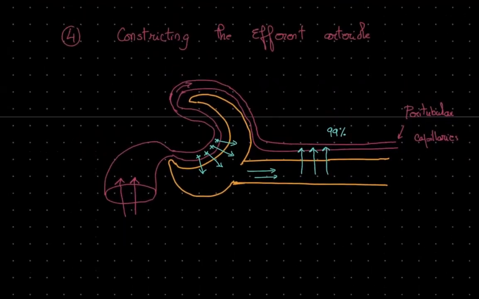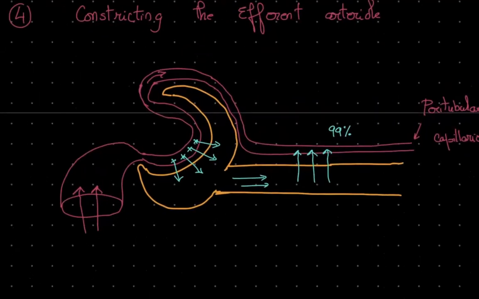All right, so this is what normally happens. So if I do have a low blood pressure, when I constrict the efferent arteriole, this would help me increase my blood pressure back to normal. When I constrict the efferent arteriole here, I will, as a result, be reducing the blood pressure going into my peritubular capillaries.